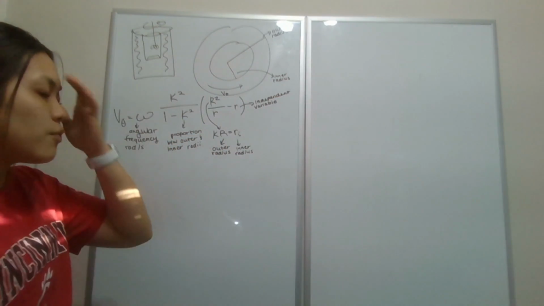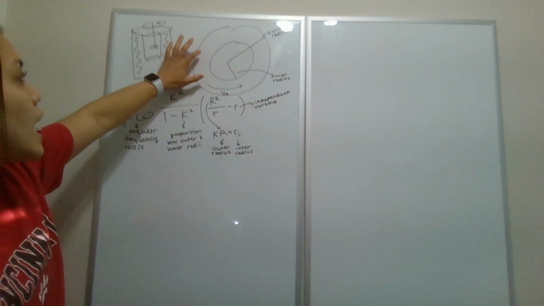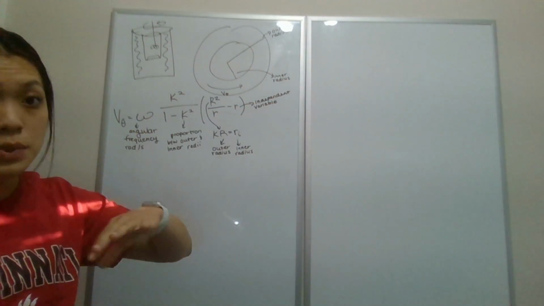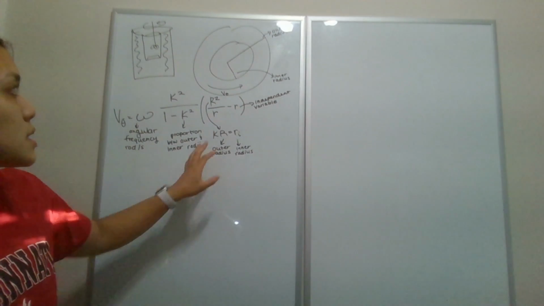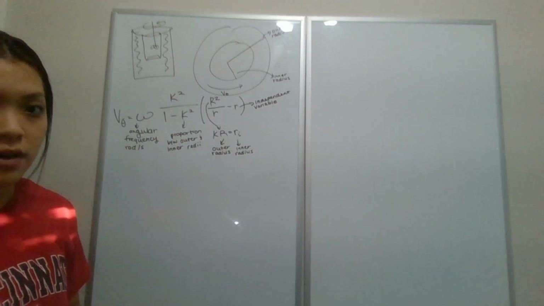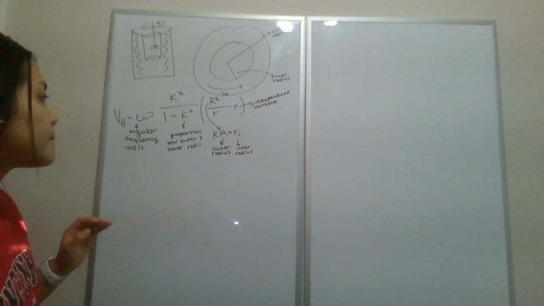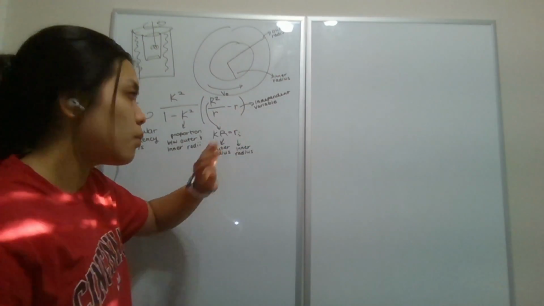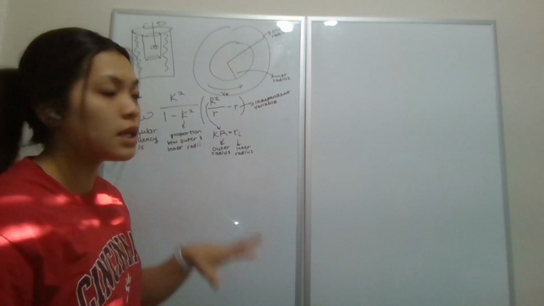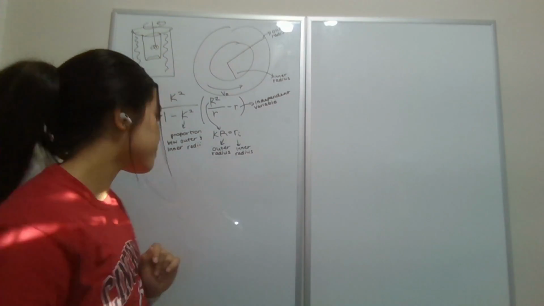So if we were to look at the velocity at any point in between these two cylinders, the radius is going to go in for this independent variable here. So be careful not to confuse the independent variable with the inner radius. The inner radius has a subscript i.